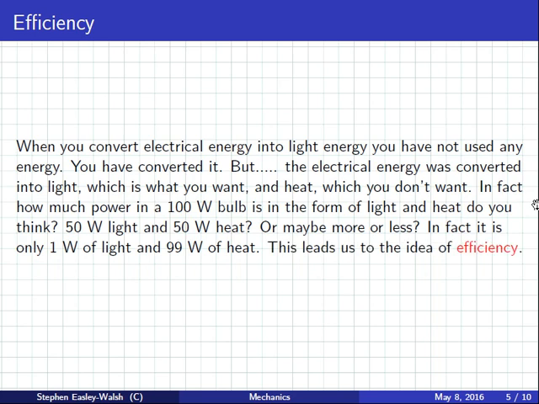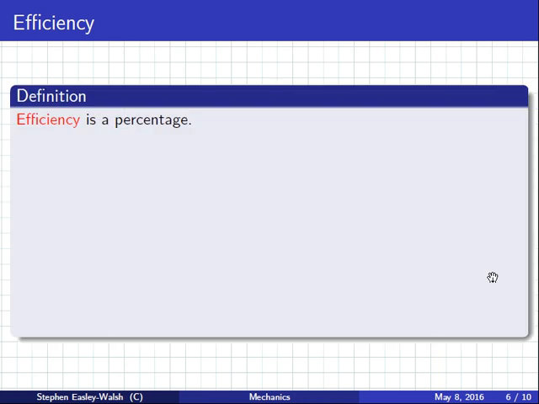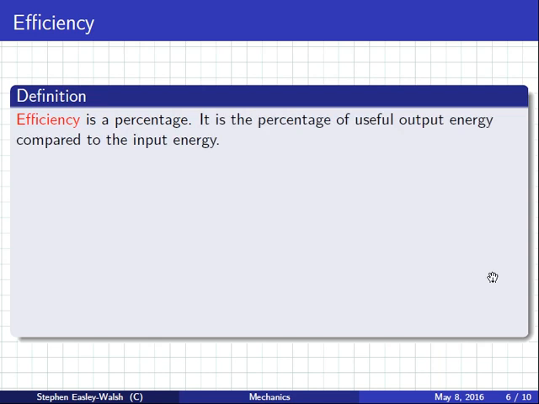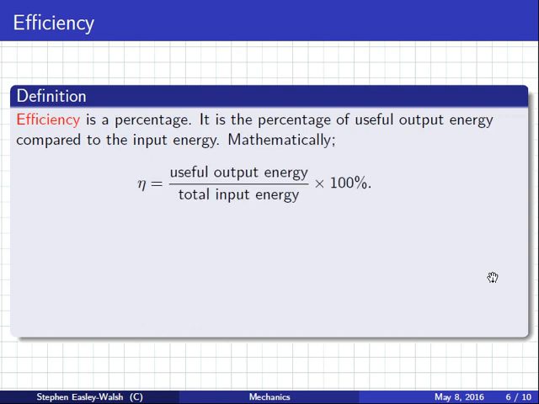So this gives us the idea of efficiency, how well the energy is converted. So this is now a new definition. Efficiency is how much useful energy you get out compared to the input as a percentage. So as the formula, it's useful output energy over total input energy times 100%.